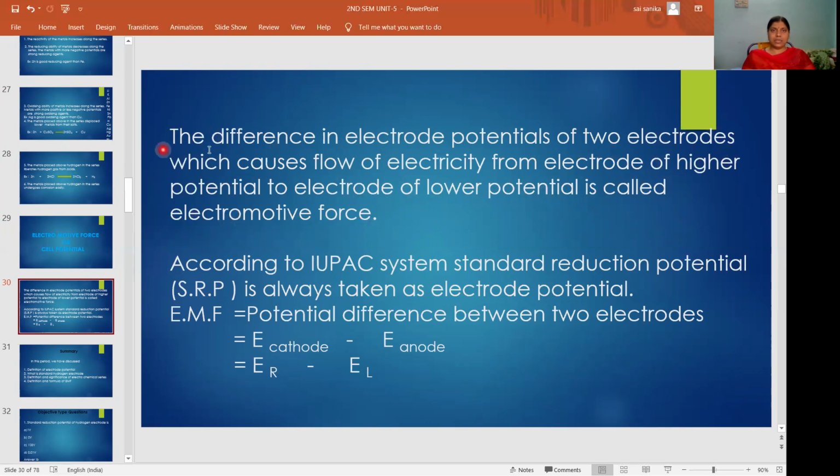So once again, the difference in electrode potentials of two electrodes. Here two electrodes will be there, and they are having some electrode potentials.